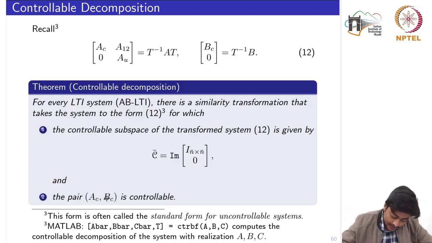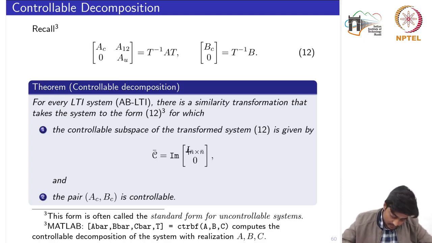And the pair AC-BC is controllable. Now just visualizing this result, the question you ask yourself is, if I want to compute the rank of this AC-BC pair, the rank would be equal to nothing but n bar, and n bar is less than n.